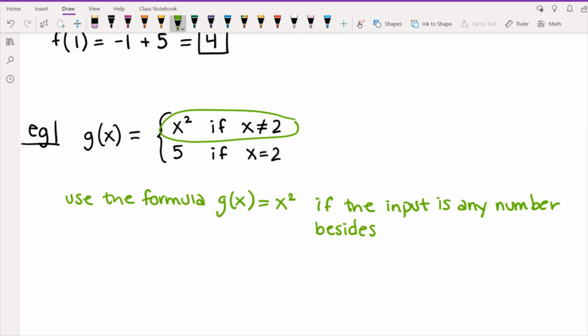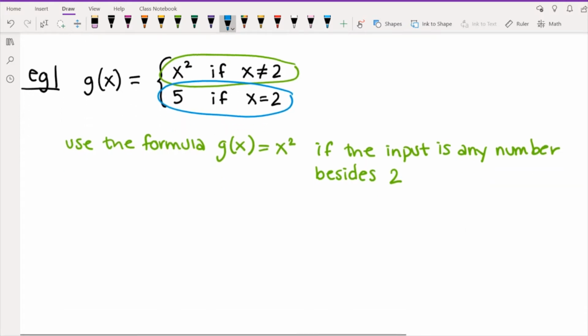Right? It's basically telling us, think of this as instructions. It's telling us use this formula x squared if x is anything other than 2. As long as x does not equal 2, you're going to use the formula x squared. And then the second part is telling us to use the formula g of x is equal to 5.